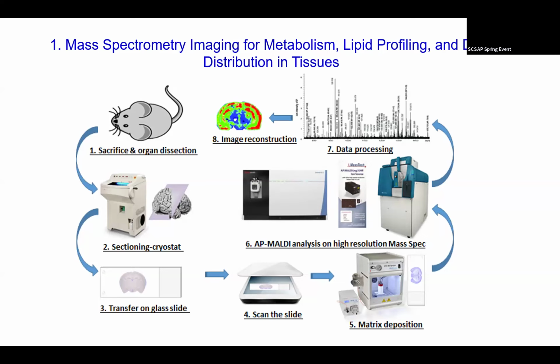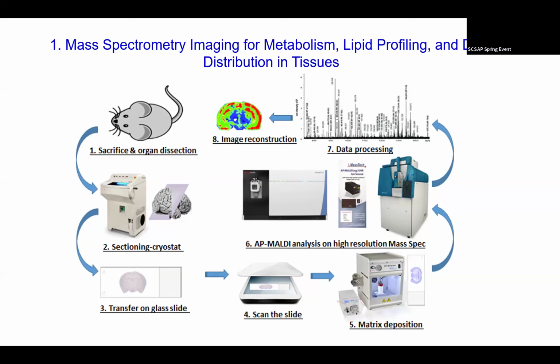Once it is on the glass slide, we apply a matrix, usually a multi-matrix, then directly scan it in the mass spectrometer by molecular weight. We don't need any label. In theory, we can monitor all the molecules there, but there's a challenge.